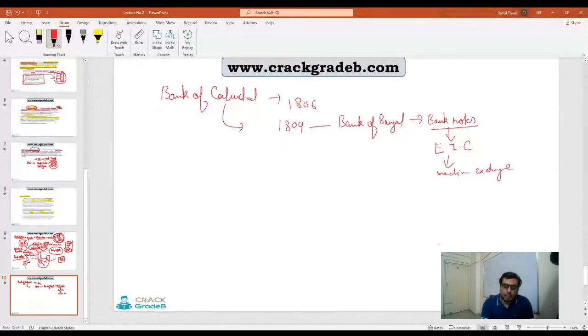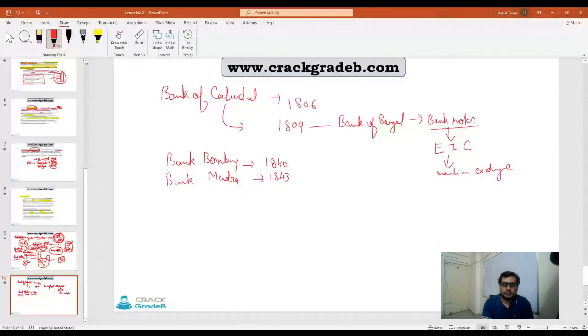Right. The British were expanding. So apart from Bengal, they also established presidencies in Bombay and Madras. Accordingly, they also established the Bank of Bombay and the Bank of Madras in 1840 and then in 1843.